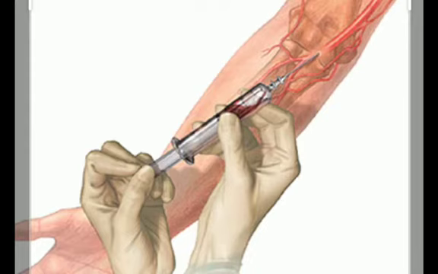The second way to sample is arterial sampling. This type of blood collection most commonly takes place in a hospital environment. It is used in the identification of metabolic, respiratory, and mixed acid-base disorders, where the carbon dioxide levels require understanding or monitoring.